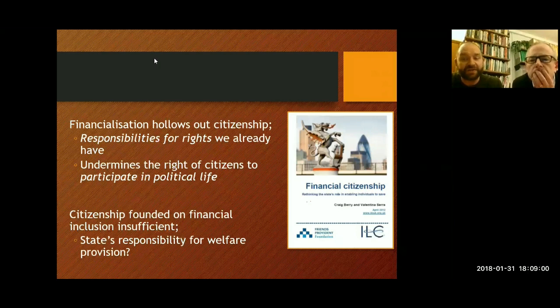He basically argues that if you think about the recent financial crisis and the way in which the banks were bailed out, and the lack of public debate and public and political accountability in terms of that bailout, that really highlights the way in which financialisation has hollowed out traditional notions of citizenship. So any deployment of the notion of financial citizenship has to go beyond a narrow focus on financial inclusion to address these broader issues.